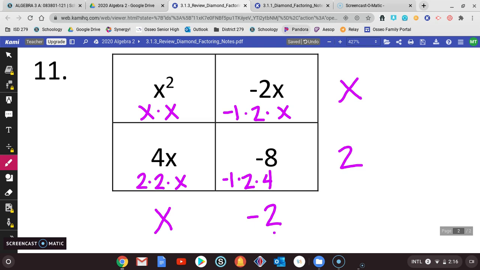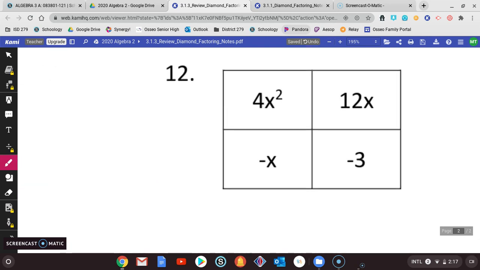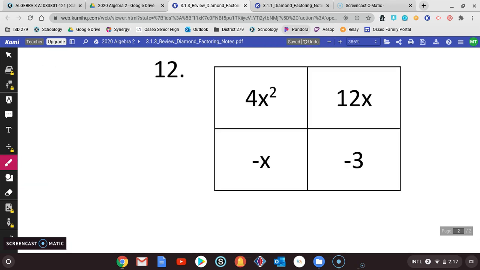So you see how they both have a negative and they both have a 2. So here is another one. Because the 12 is 4 times 3, and there's a 3 on the bottom, -1 times 3, and this is -1 times x.